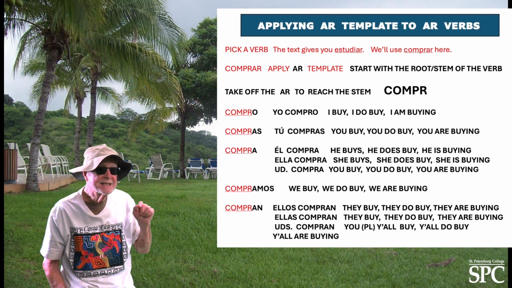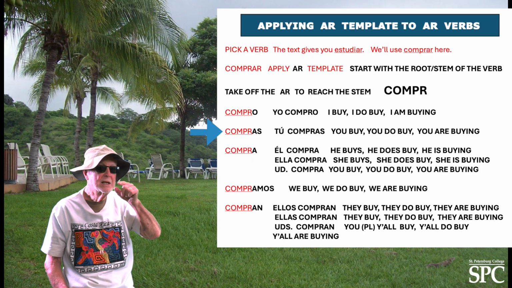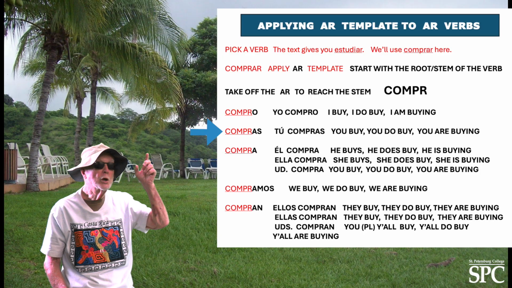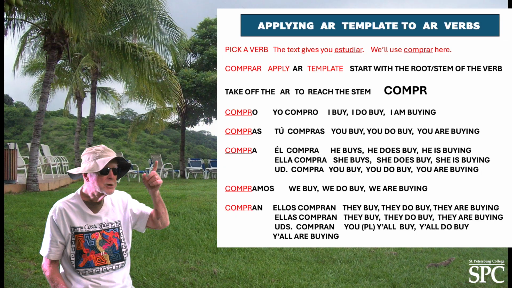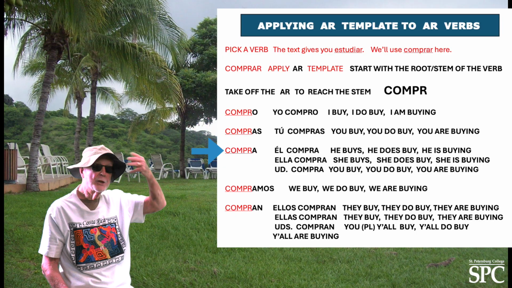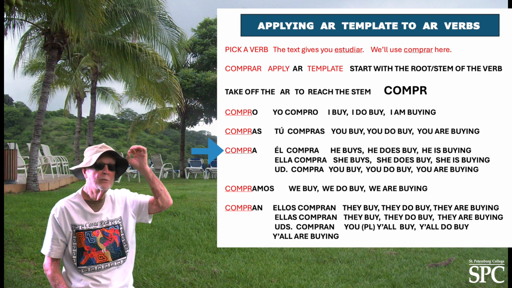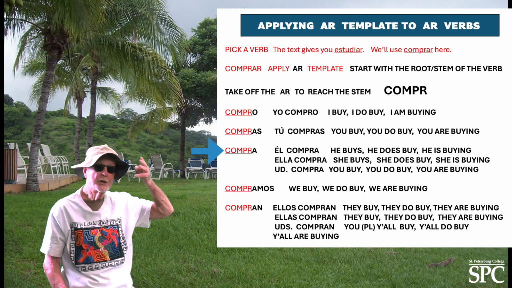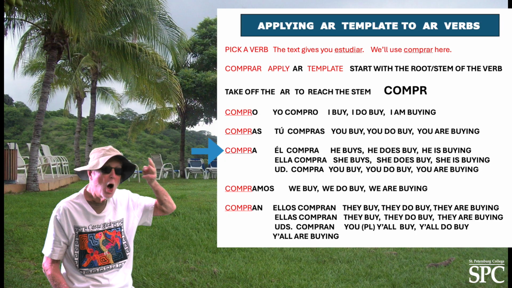Look at compras. Same song, second verse. Compras. You buy, you do buy, you are buying. And of course, compra, that's the third person, okay? We're dealing with o, as, now we're dealing with a. That's the third person that represents usted and él and ella, all three.